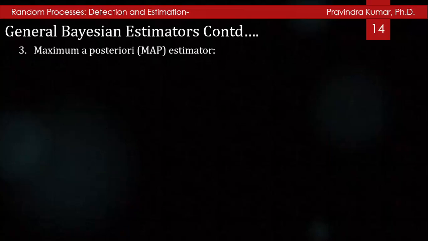Now the second is the maximum a posteriori, MAP, estimator. The MAP is the mode or maximum of the posteriori PDF.